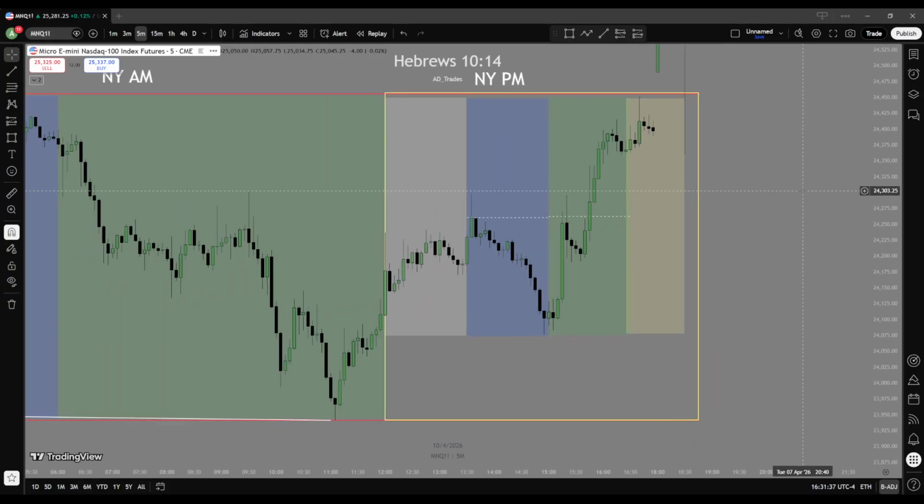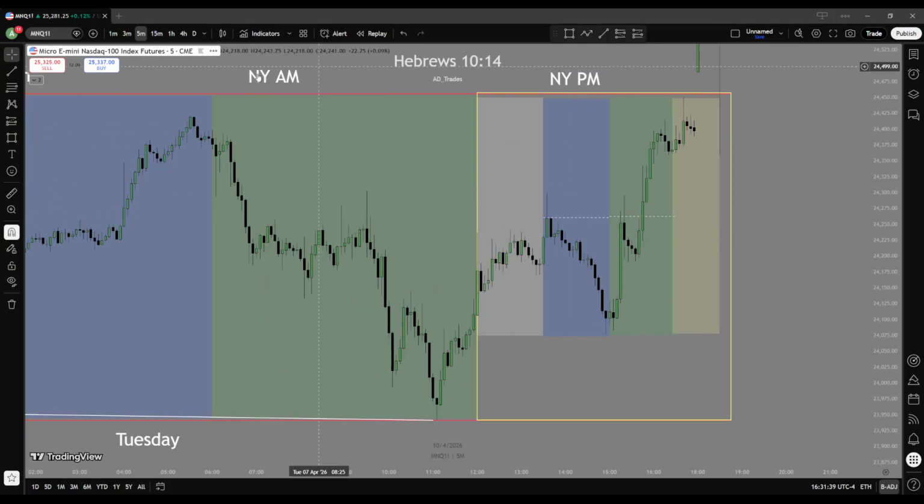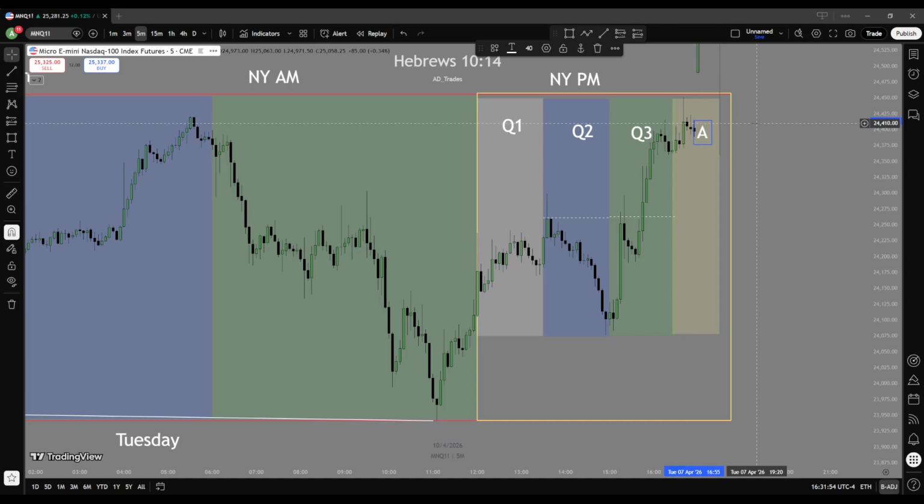Okay. So now, once again, within the first 90-minute cycle, we'll call it Q1, Q2, Q3, and Q4. Again, within the same context, price is fractal. So again, consolidation.